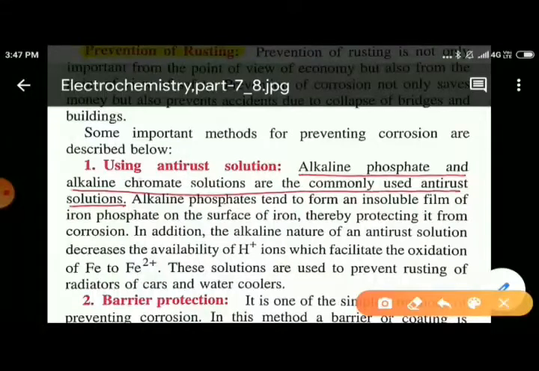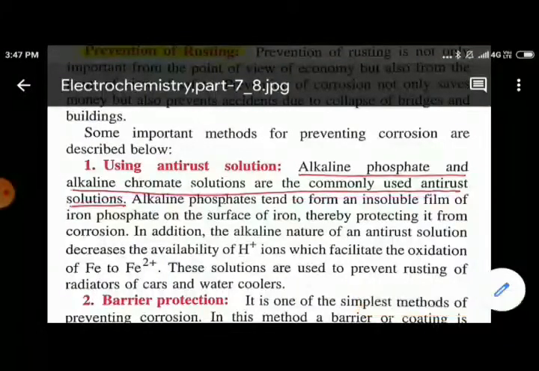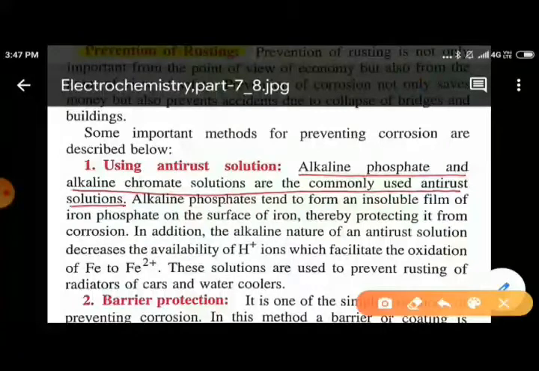Alkaline phosphate and alkaline chromate solutions are the commonly used anti-rust solutions. Alkaline phosphate tends to form an insoluble film of iron phosphate on the surface of iron, thereby protecting it from corrosion.